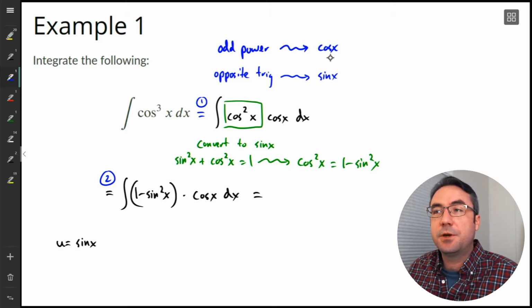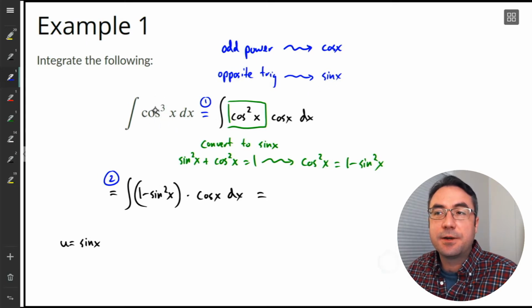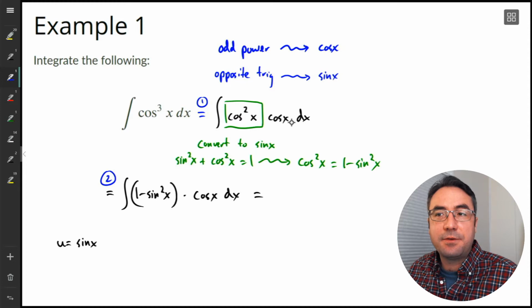Our odd power was cosine, and what's the opposite trig function from cosine? We're going to think of that as being sine of x. We peeled one copy off. We converted all of the other cosine terms into sine terms, our opposite trig function, and then we're going to let u equal that opposite trig function. We're going to let u equal sine of x.